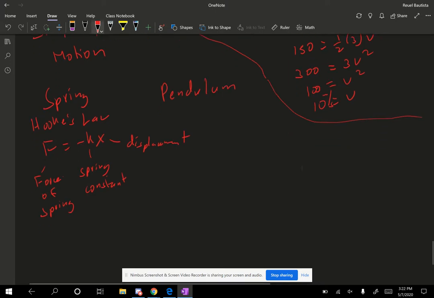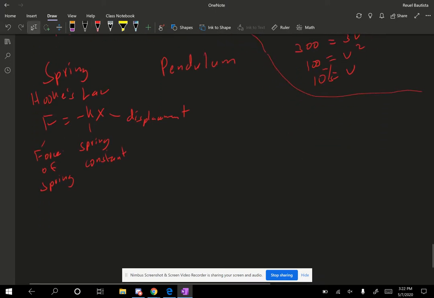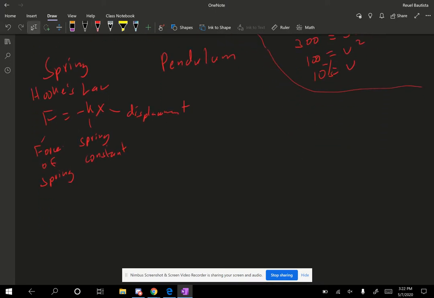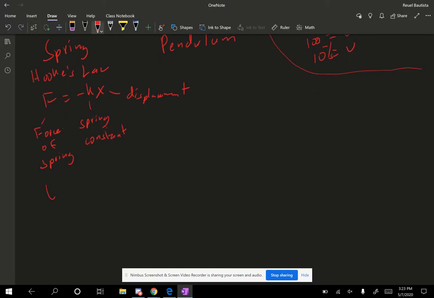All right, that's fine. So that's the first thing that we have for the spring, that's forces. And then we also have the elastic potential energy, which is equal to 1/2 kx squared.